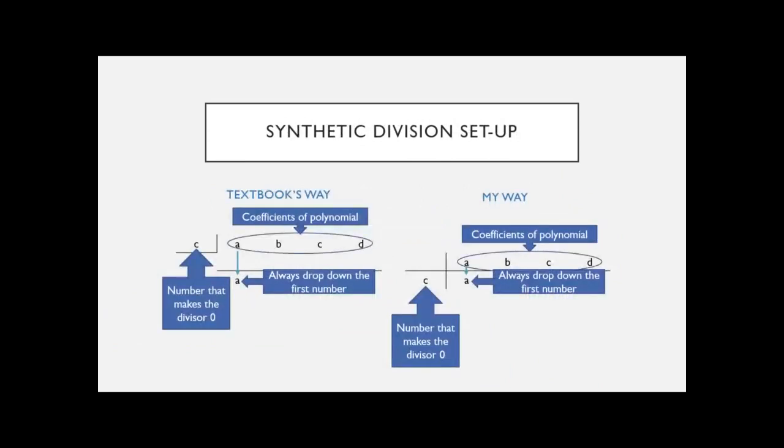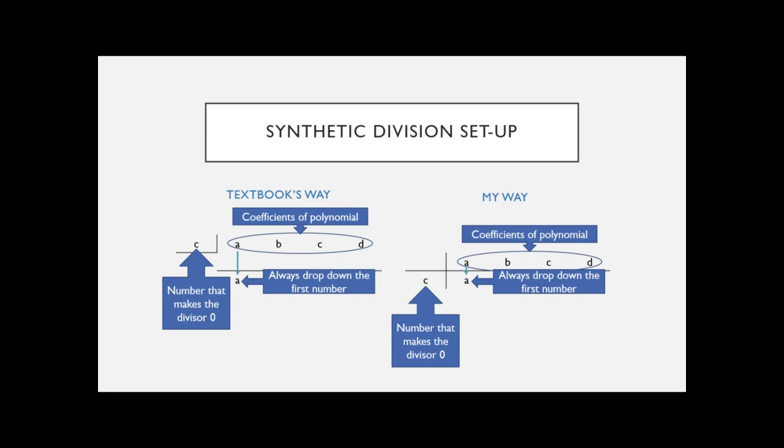There are multiple ways that you can set up the synthetic division. The textbook has one way, I do it another way, and I've actually seen other textbooks do it a third way. Just be aware that there are multiple ways to set them up, but it all comes down to doing the same thing.